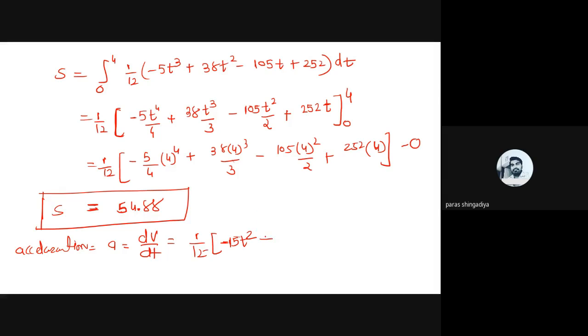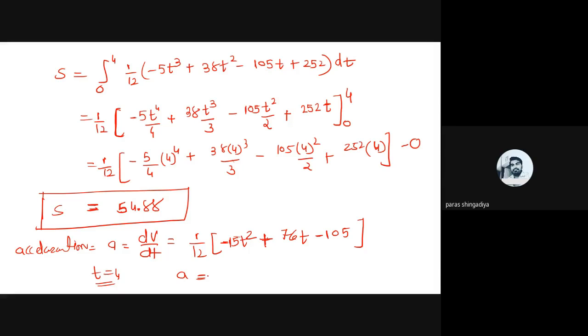Then 38t square will give 76 into t. And the last value is 105. After taking this derivative, replace t equal to 4 in this equation.